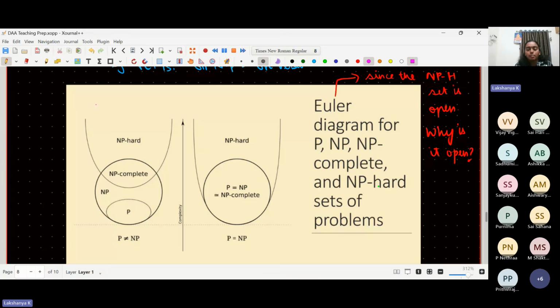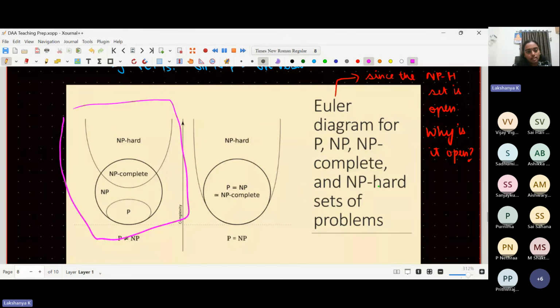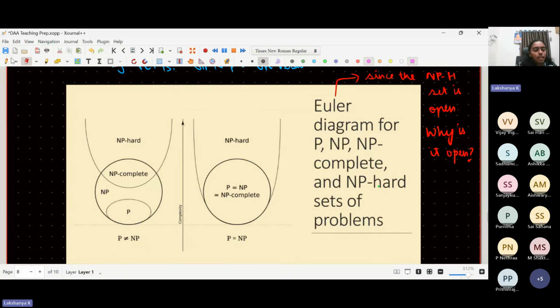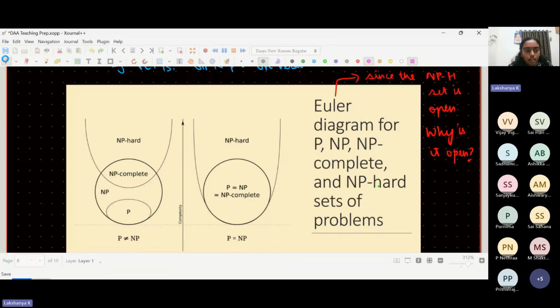New problems will keep getting discovered every day. So you don't have a universal set saying these are the only problems that exist in the universe. So you cannot close this set. New things will keep coming up every day. That's the reason this set is open, and that's why it's an Euler diagram and not a Venn diagram.